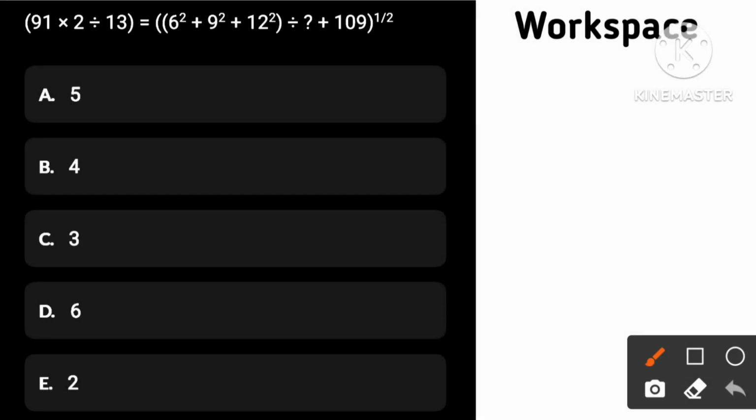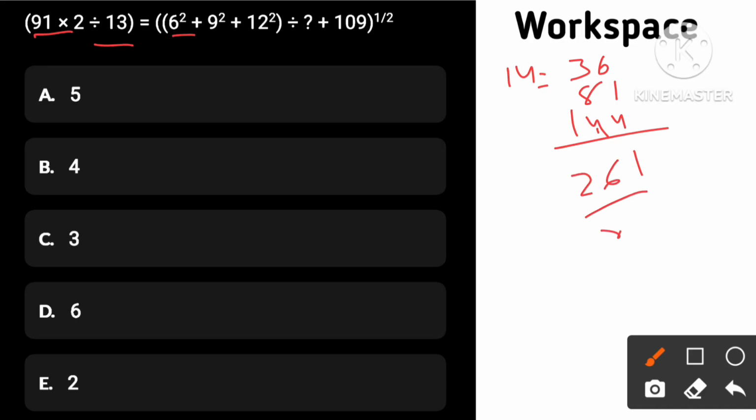Question number 1. 91 into 2 divided by 13. 13 7 times will be 91. 7 2 times which will be 14. And 14 equals to, it says that 36 plus 9 square, 81 plus 12 square, 144. So totally we have 261 divided by x.